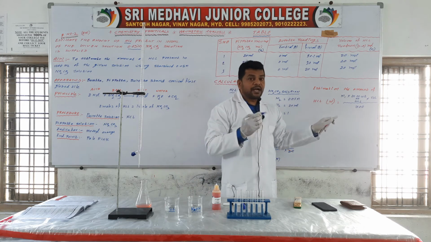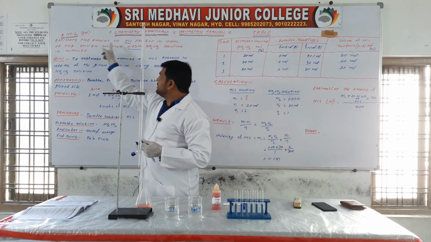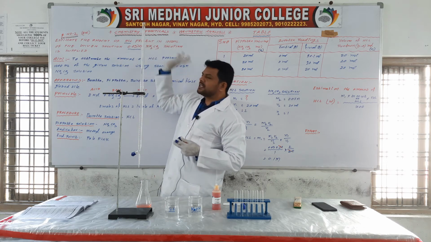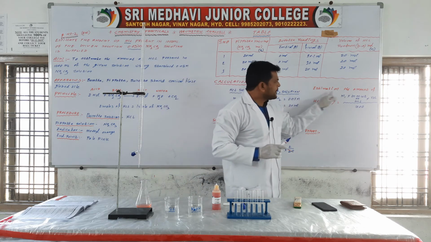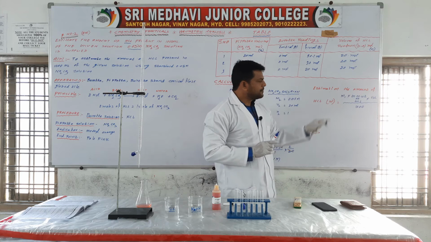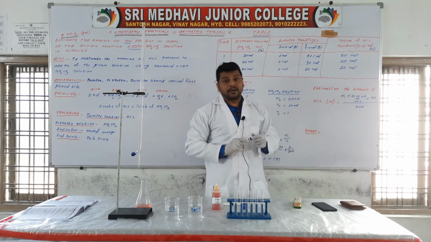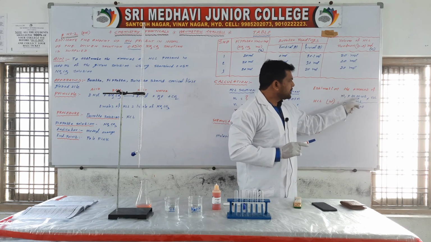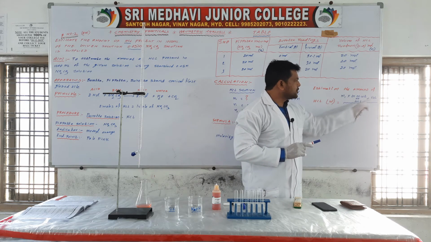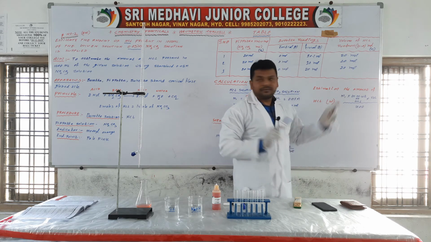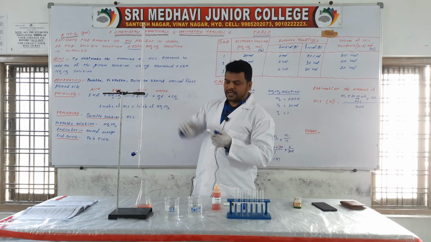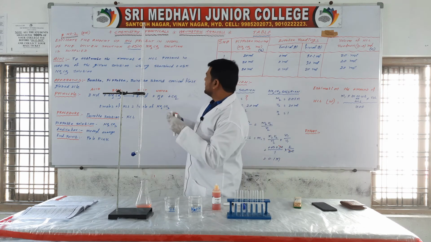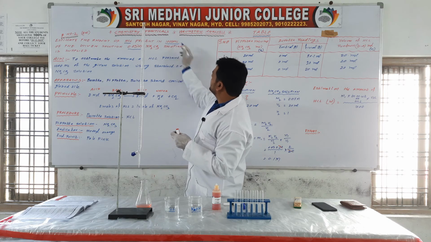So what do we have to do? Estimate the amount of HCl present in 1000 ml. So here we estimate the amount of HCl using the molarity formula: M1 into gram molecular weight of HCl into volume of the given solution. The volume of the given solution is 1000 ml.